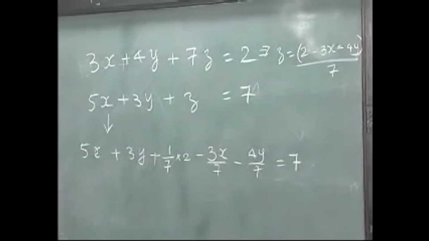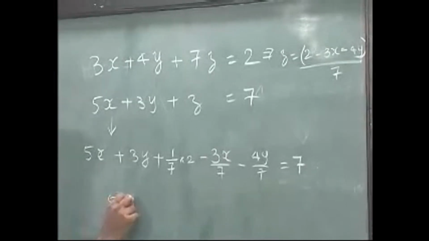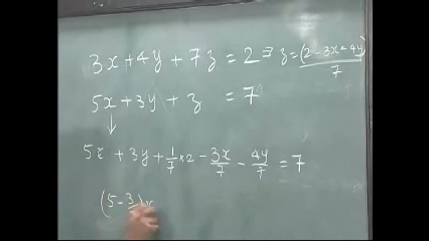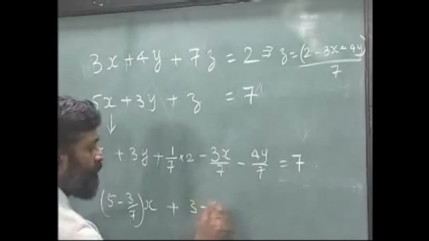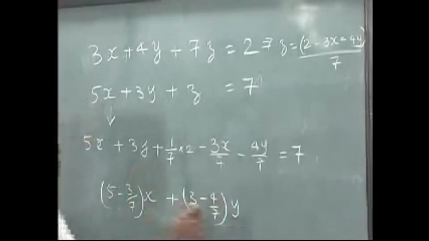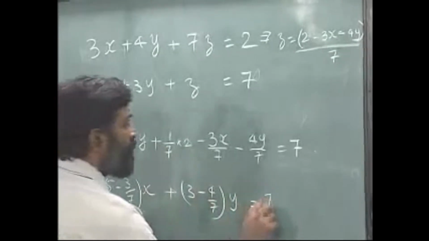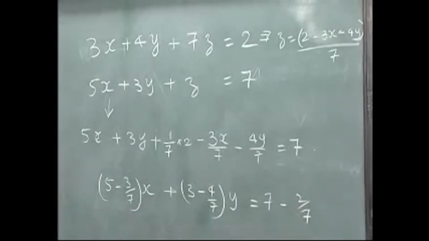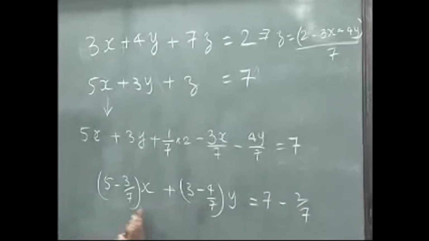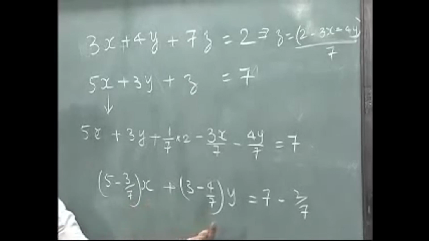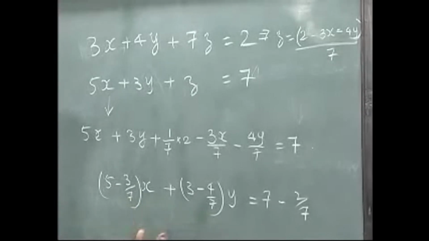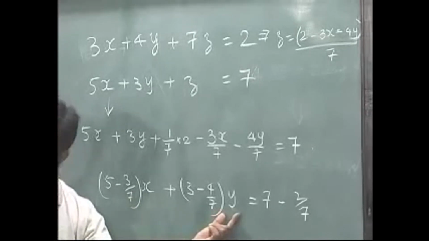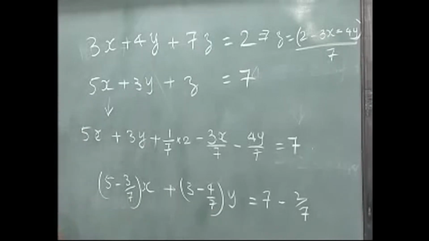Let me just regroup fast, 5 minus 3 by 7 x plus 3 minus 4 by 7 y is equal to 7 minus 2 by 7. Is this okay? If you notice here, this is an equation in terms of x and y. Now, can I write y in terms of x? The answer is yes.